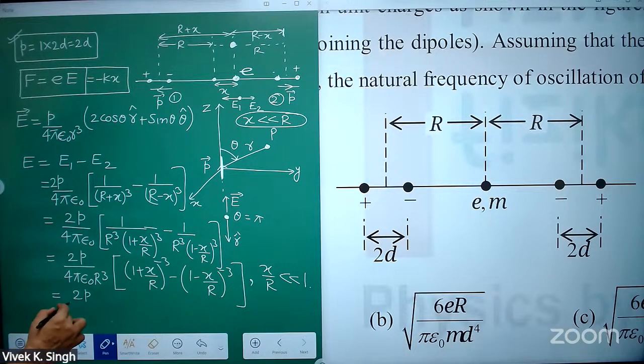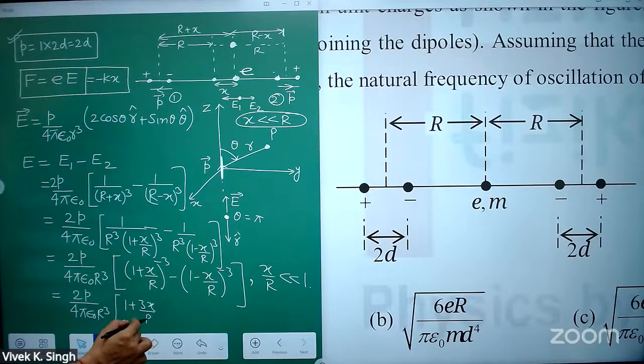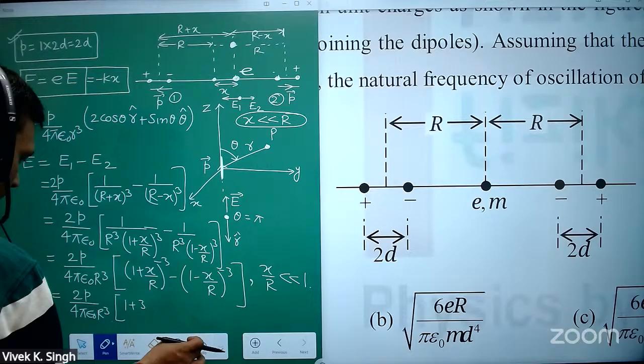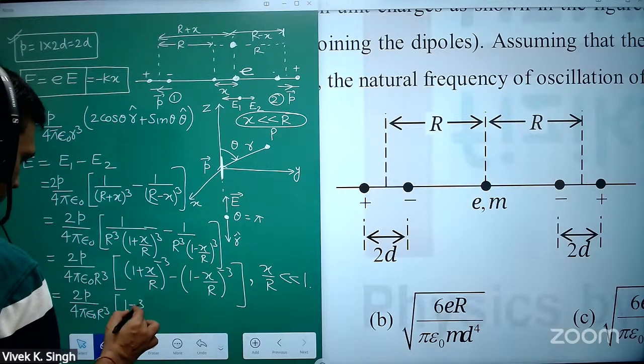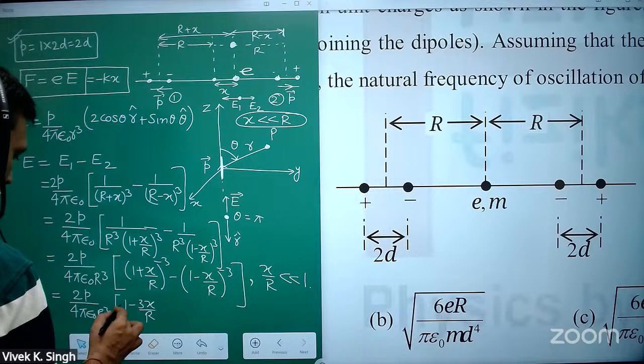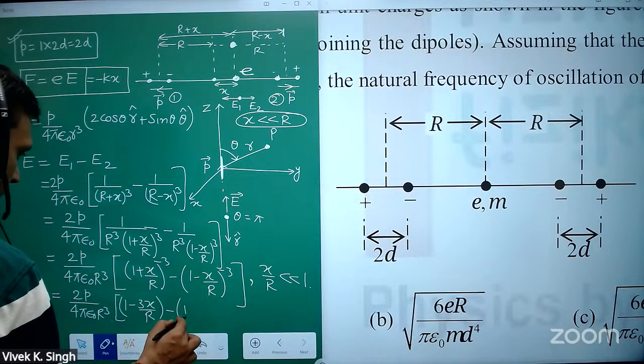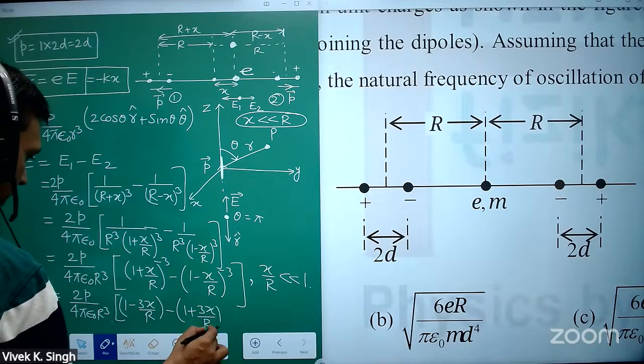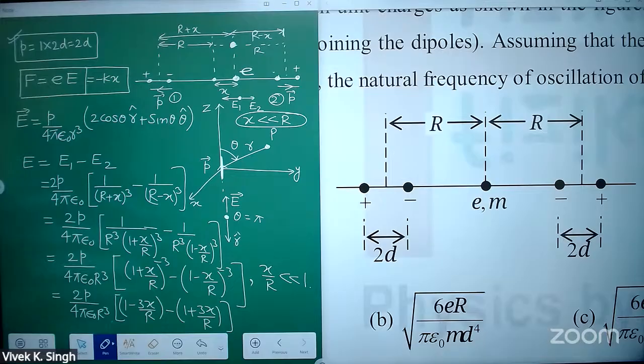So you will get 2P by 4 pi epsilon naught r cube times (1 plus 3x by r) minus (1 minus 3x by r), neglecting the higher order terms.